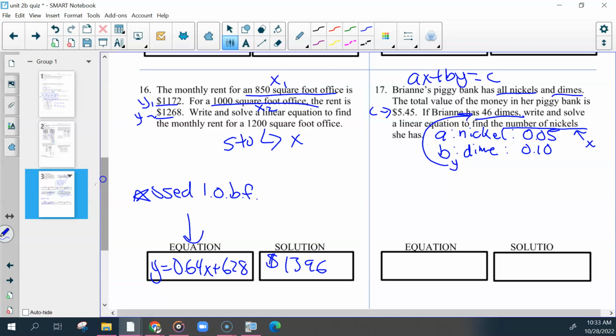And then you would write all of those pieces of information into an equation. So A is 0.05, x we don't know, and then B is 0.10, y is 46, and then our total is 549. That would be your equation. Then you could solve it.